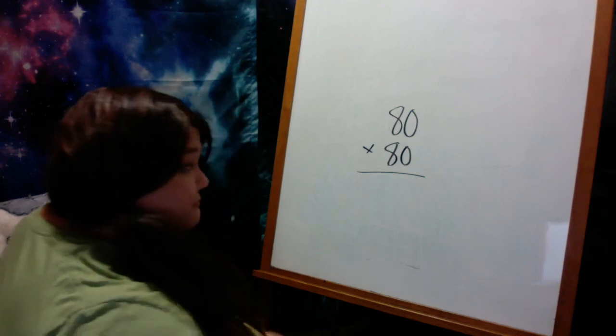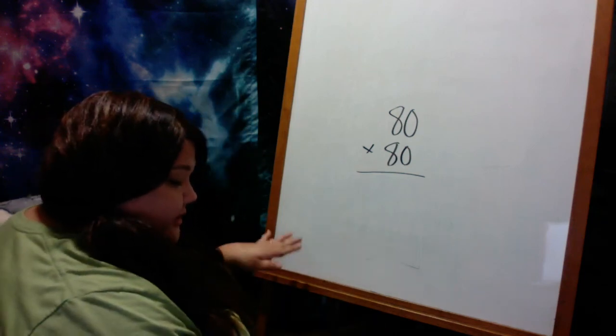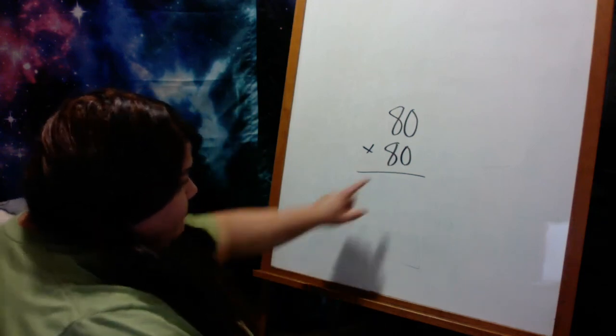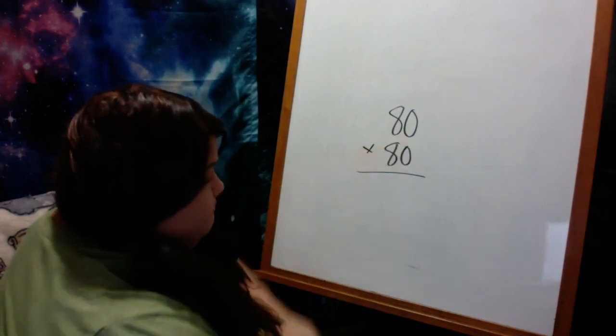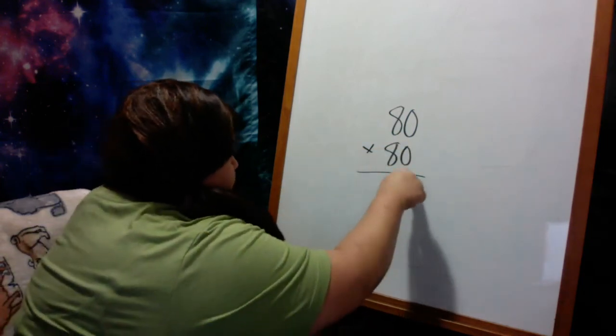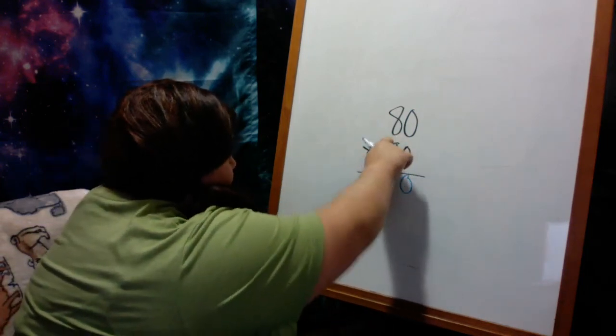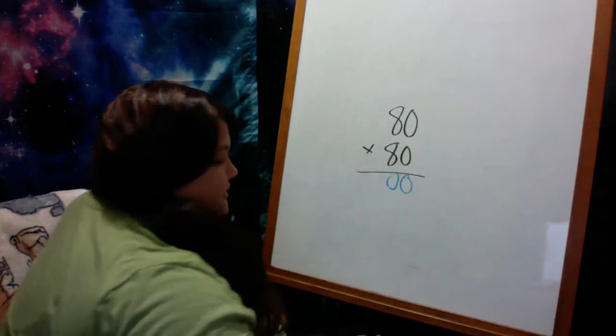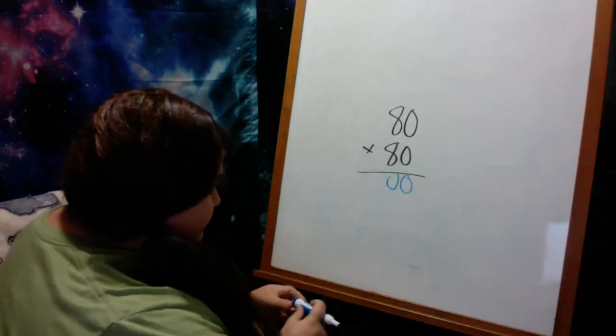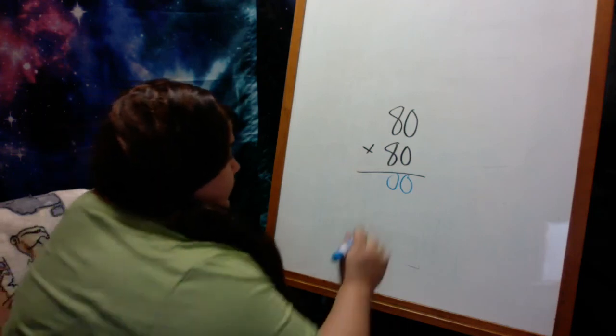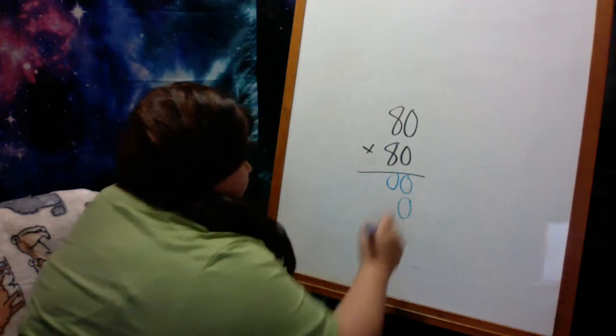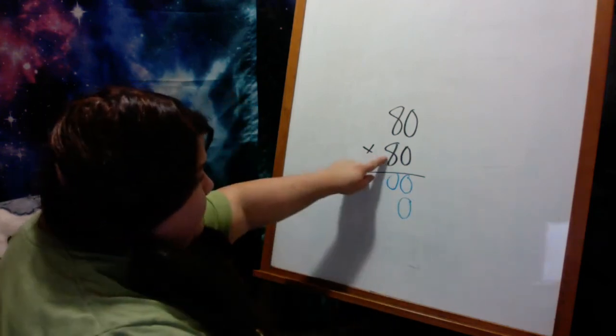So even though there's zeros, I'm going to start like I normally do. What's 0 times 0? 0. What's 0 times 8? 0. 0 is an all-powerful number when you want to multiply it because it wins at everything. So I need to show that there's a 0 in my tens place. Now I need to do 8 times 0.